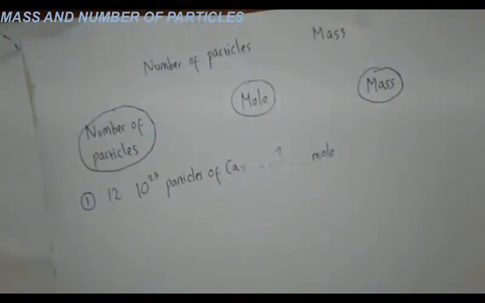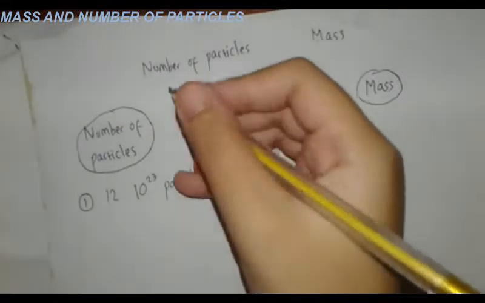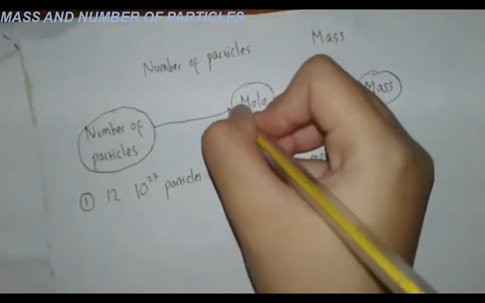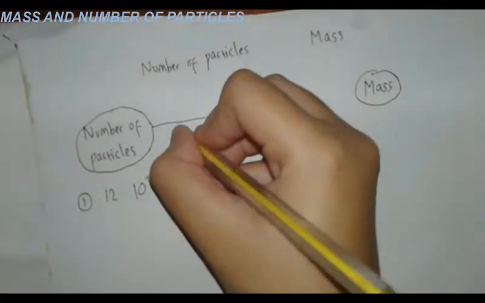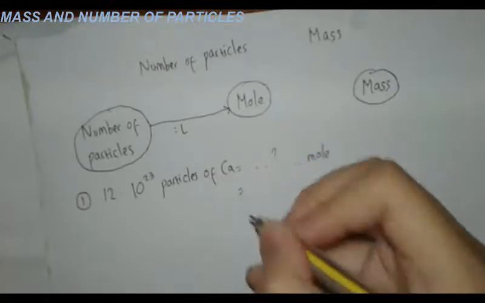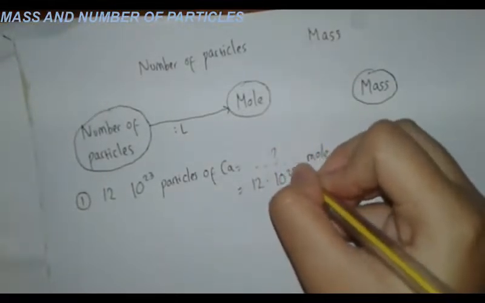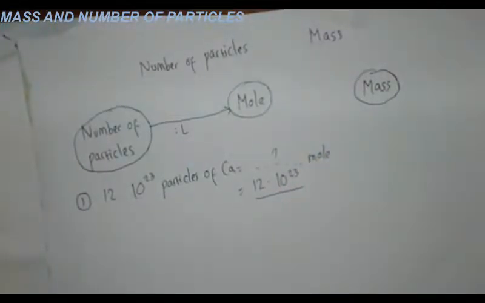If you need to convert number of particles to mole, then you have to divide the number of particles by the Avogadro number. So I can write 12 multiplied by 10 to the power of 23 divided by the number of Avogadro.